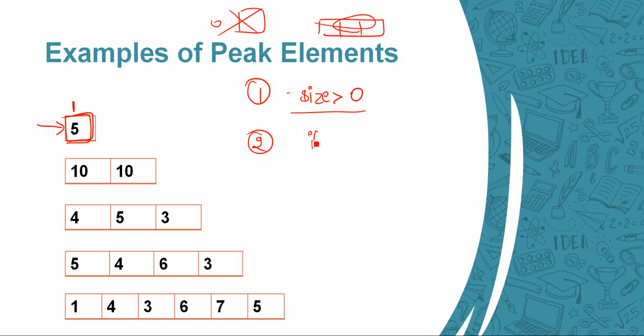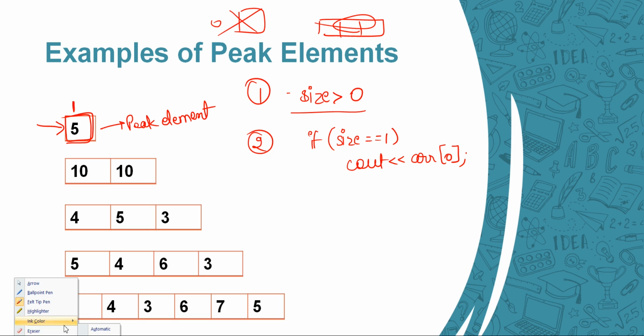So we will try to find a condition like if the size of the array is 1, then ultimately what we need to do is print the element of the array, because ultimately it is going to be termed as a peak element according to our definition, right?